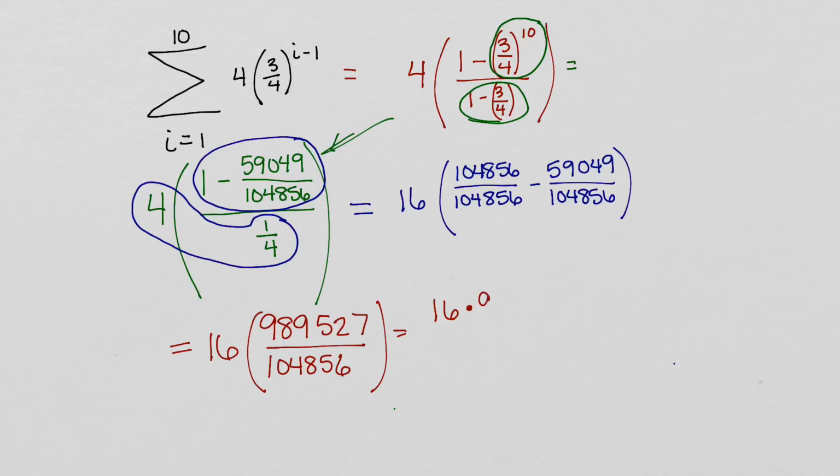16 still there times everything that was on the top. And then on the bottom, if I want 16 to be able to cancel out, if we take 104,856 divided by 16, I get this. So these can cancel.